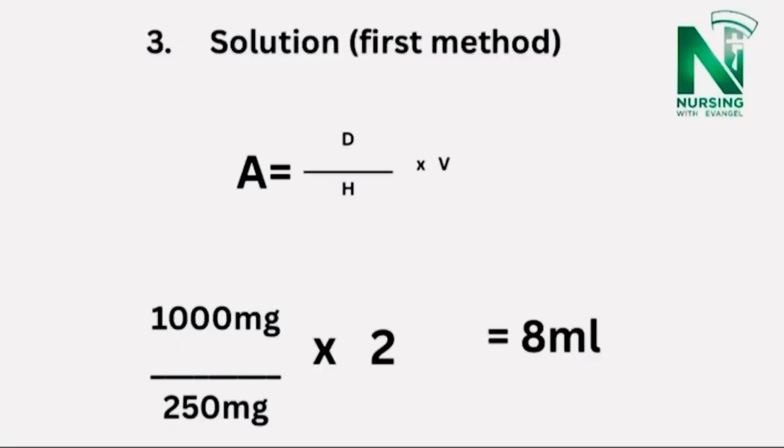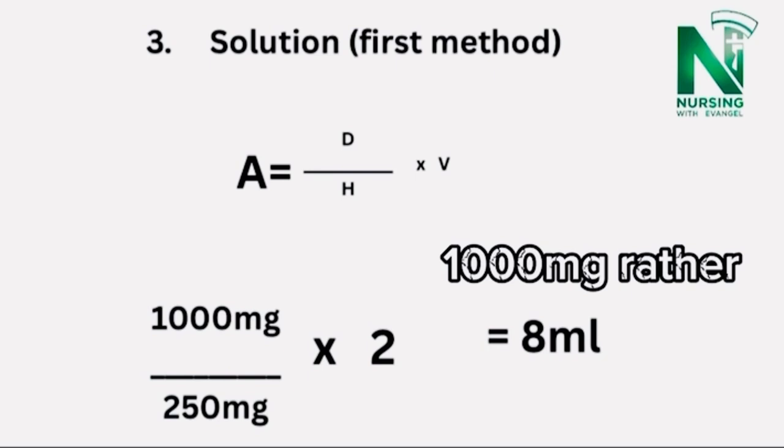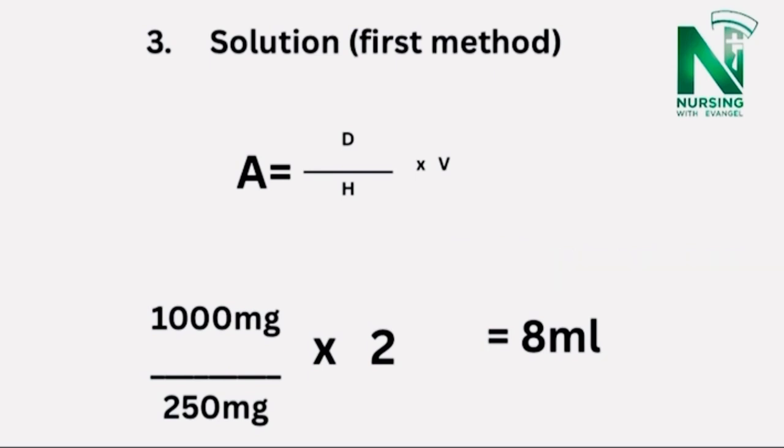It's either we'll convert the 1 gram to milligram or we'll convert the 250 milligram to gram. So for this class, I'll be converting the 1 gram to milligram. And to do this, I'm going to multiply 1 gram by 1000. So that will give us 1000 milligram over 250 milligram times 2. So if you plug in these values in your calculator, it's going to give you 8 mils of the solution.